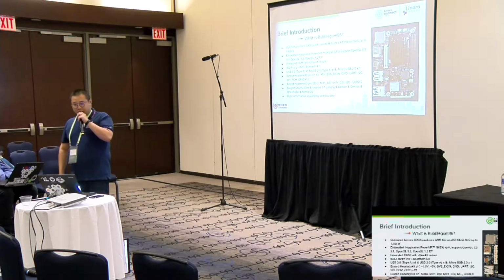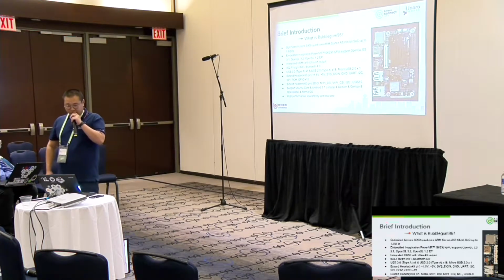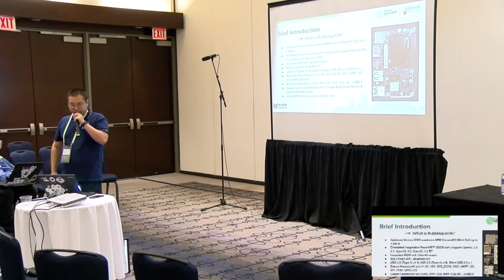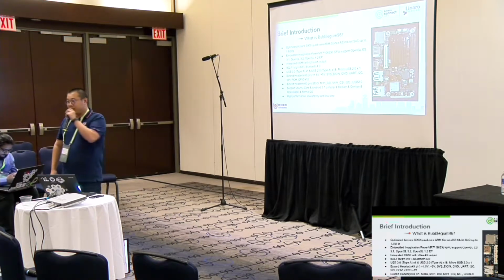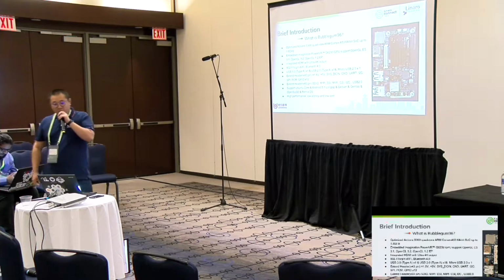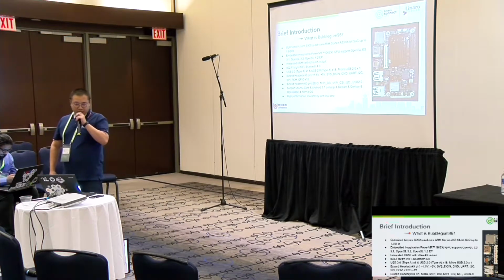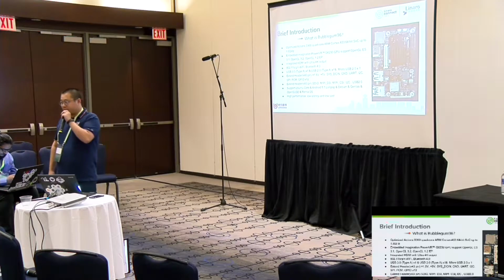And the display is integrated HDMI with 4K output. And on Bubblegum96, there is a Wi-Fi Bluetooth chip. And we have a USB 3 Type A port, a USB 2 Type A port, and a micro USB 2 port.